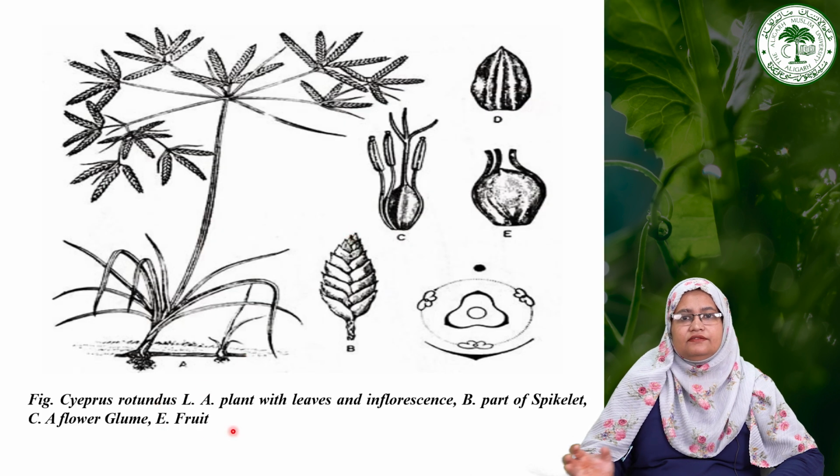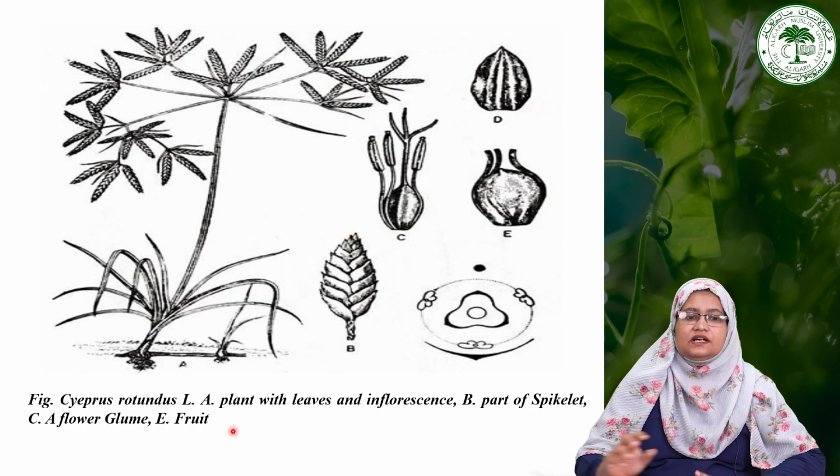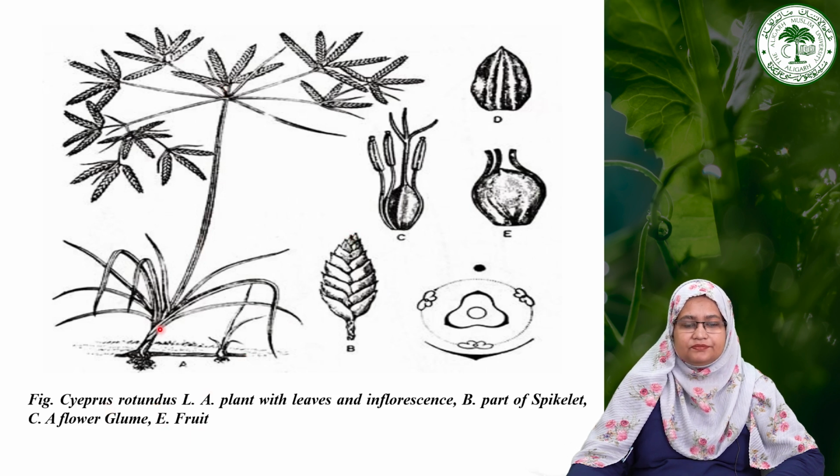Now if we see the floral parts of Cyperus rotundus, as you can see this is a stem and the culm is subtended by the inflorescence, which is a branched panicle.